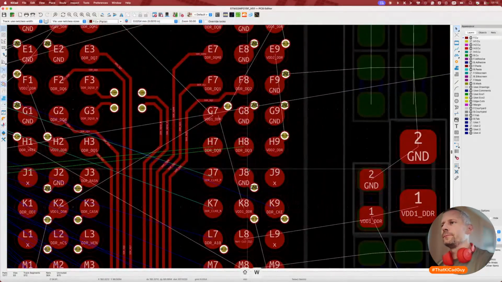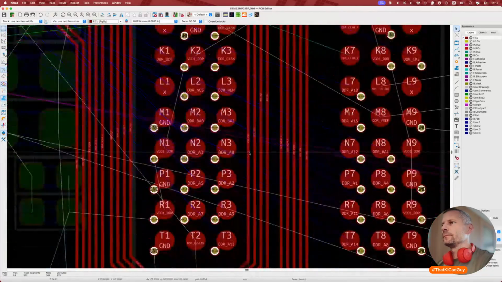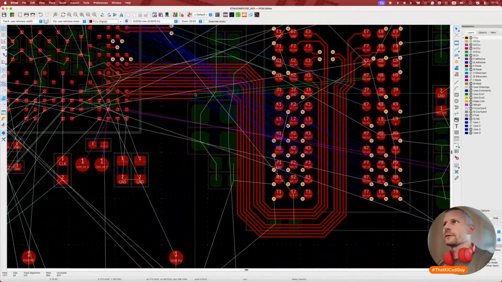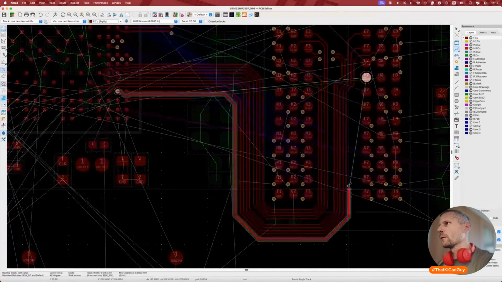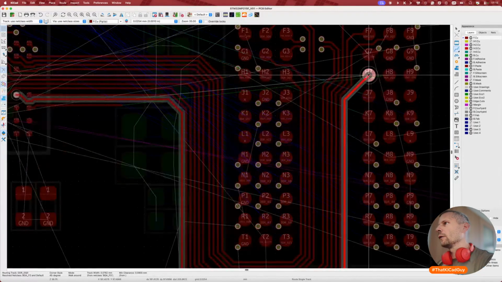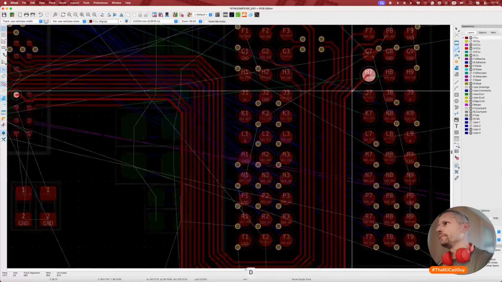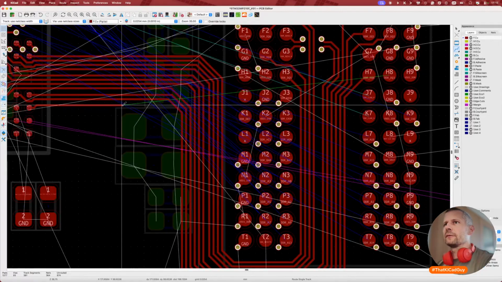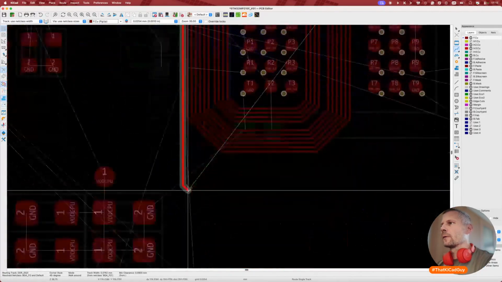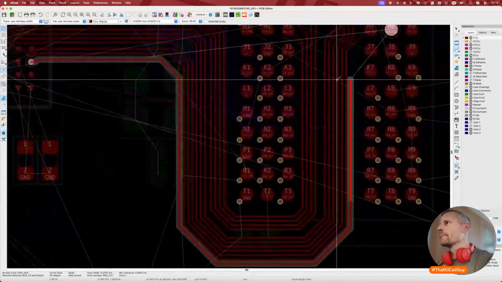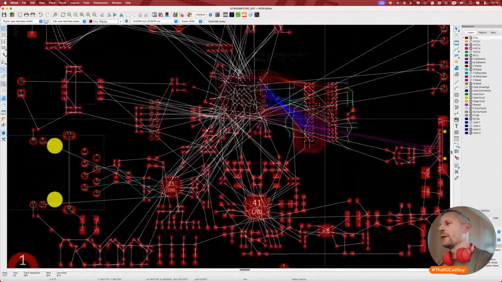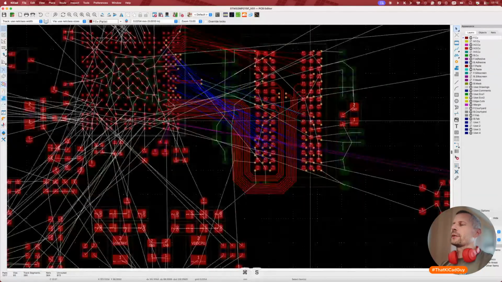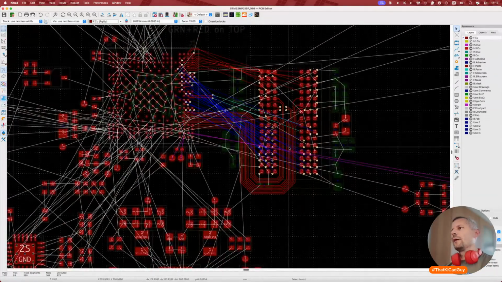Now, where are you? Here, last 2 of the greens. Here, and the last one. Here, okay. So with the pin swapping, it's possible to connect it.